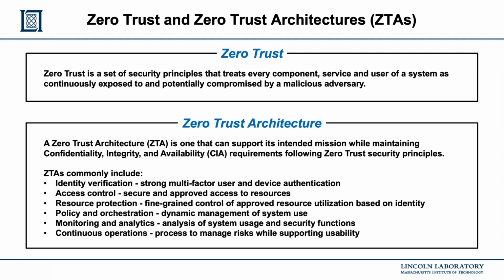Those three are generally coordinated by a policy and orchestration layer. And that set of actions is then connected to the personnel overseeing and managing the system through a layer of monitoring analytics, as well as a set of continuous operations, a process really, to manage risks while supporting usability.